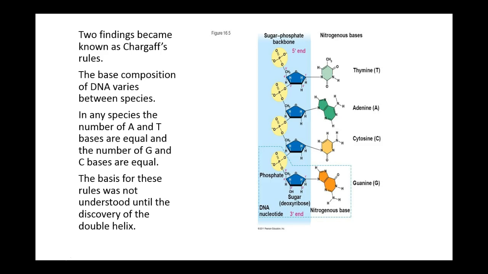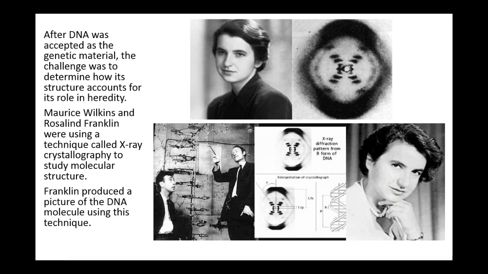There's another piece before they totally understood the discovery of the double helix. Maurice Wilkins and Rosalind Franklin used a technique called crystallography to study the molecular structure. It's an X-ray technique, and you actually have the image here next to Rosalind Franklin's official portrait, and that's her portrait again at the bottom.